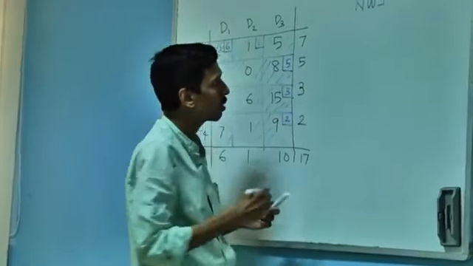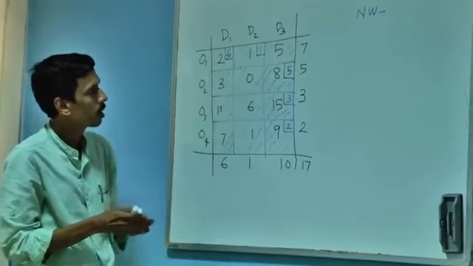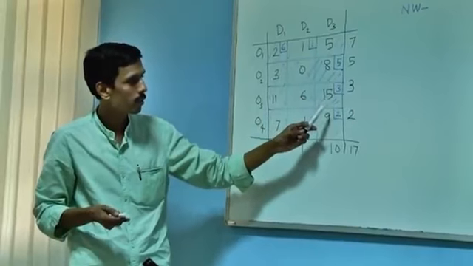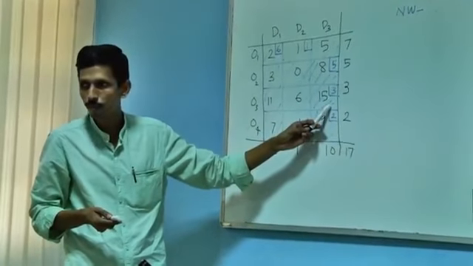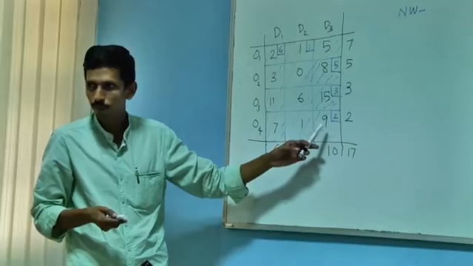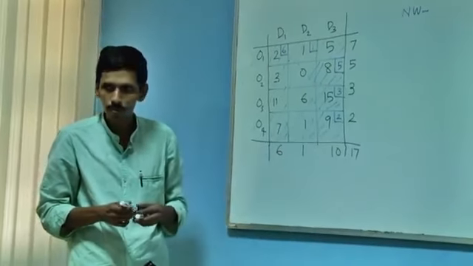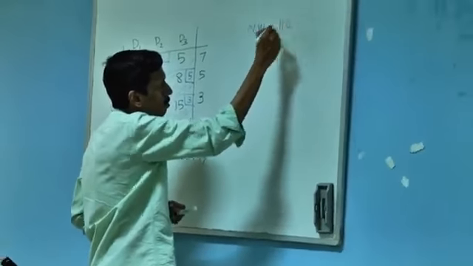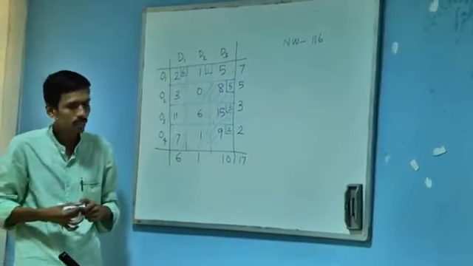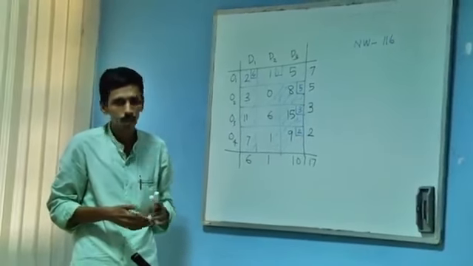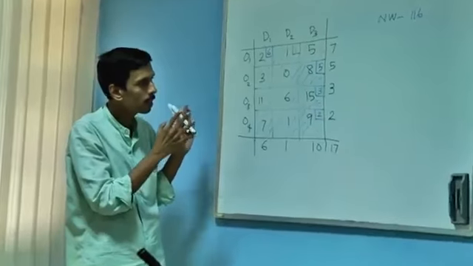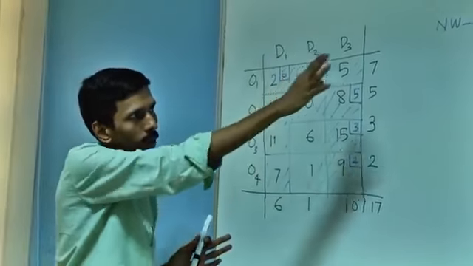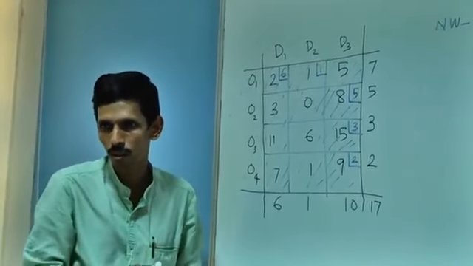Can you compute and tell what it is? 116. Is it correct? Is it 116? Therefore, the cost of transporting these units using the northwest corner rule will give 116 as the total.